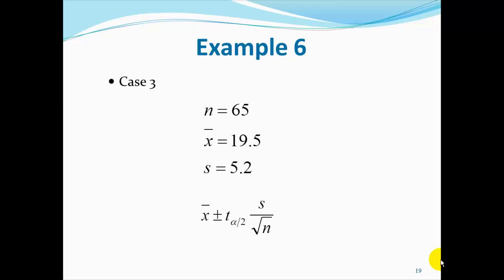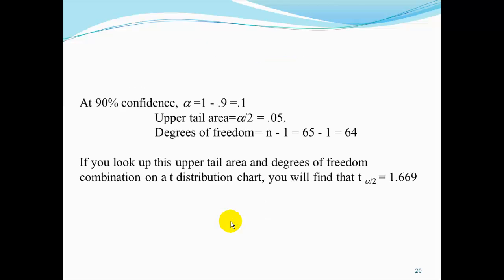So a large sample case with sigma unknown is case 3, and the formula you should have used is x bar plus or minus t alpha over 2 times S over the square root of n. At 90% confidence, your alpha value is 0.1. Your alpha over 2 is 0.1 divided by 2, or 0.05.